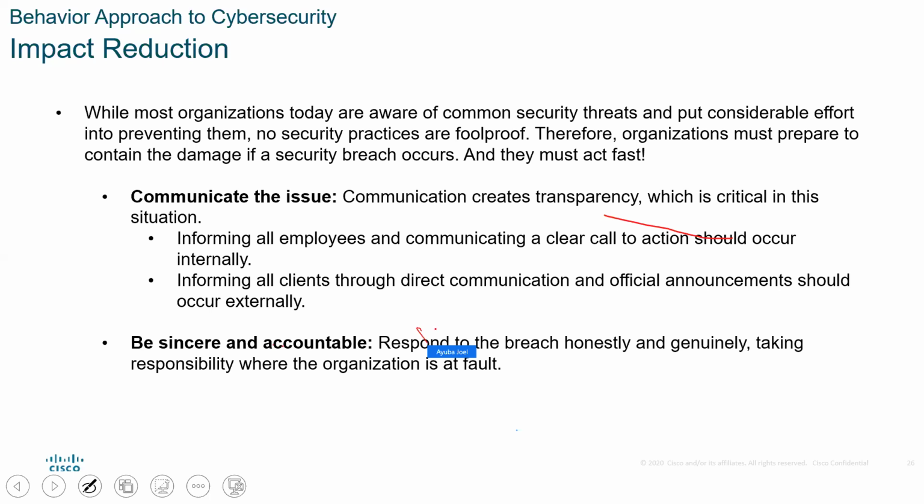And then we have communicate the issue. Communication creates transparency, which is critical to this situation. Informing all employees and communicating a clear call to action should occur internally.